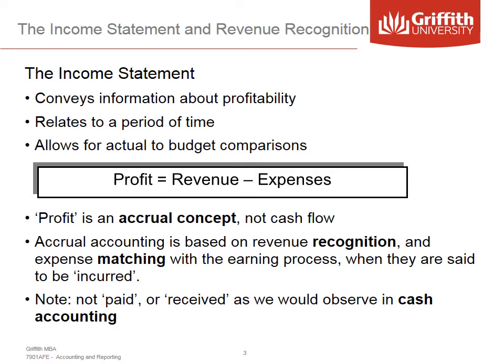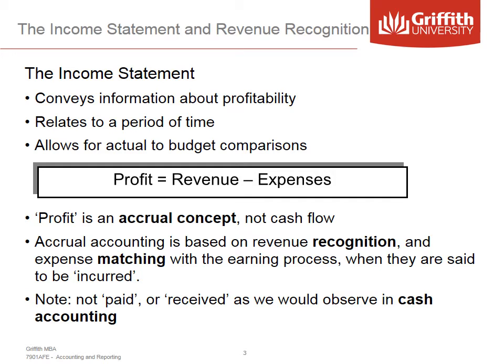Now once you have recognised revenue, then what we do in the next part is to match all of the expenses that were incurred in the process of earning that revenue. Lots of interesting words there, not chosen randomly. Again, note the language here. We're not talking about cash paid or cash received.